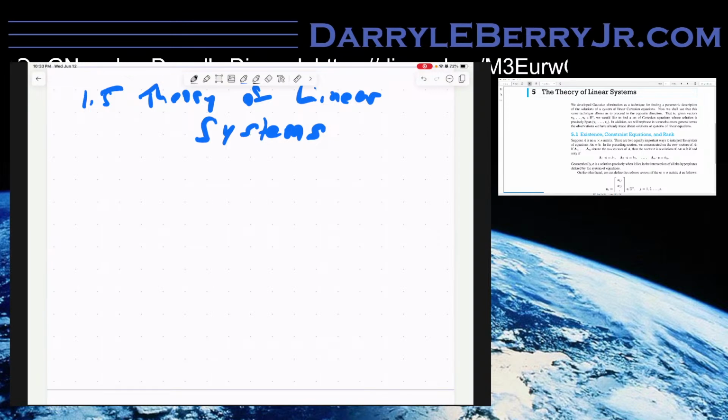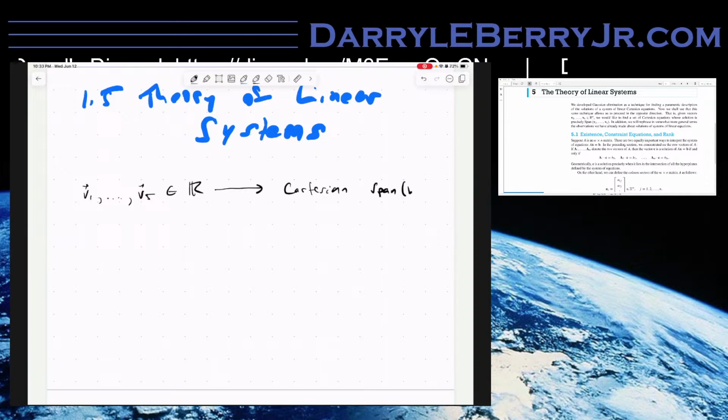Now notice that this is a system of vectors. And from that, we're going to go to Cartesian equations that span all of the vectors that we mentioned in the first part. I meant to put a K here.